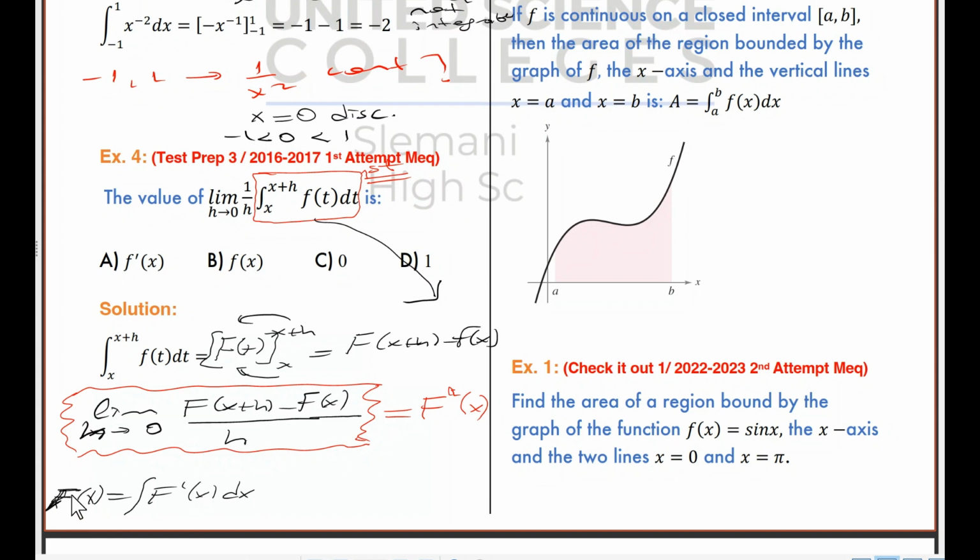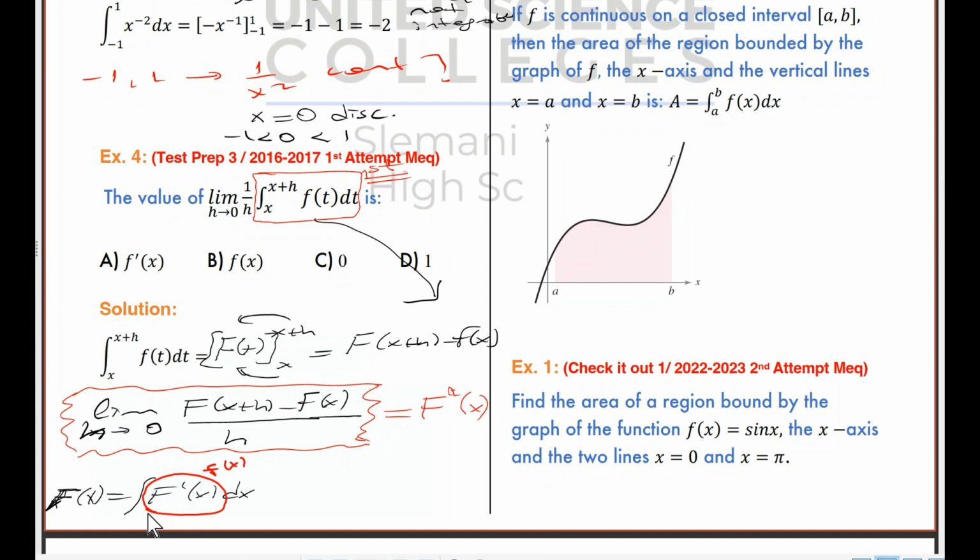If the antiderivative is capital letter F, then inside the integral we have its derivative, because integral is antiderivative, right? So I am looking for capital letter F prime. Do we have this in the options? No, we don't. But when I look at the question, inside the integral, I have little f. So in place of capital letter F prime, we can write little f.